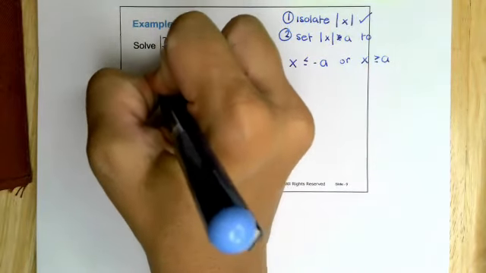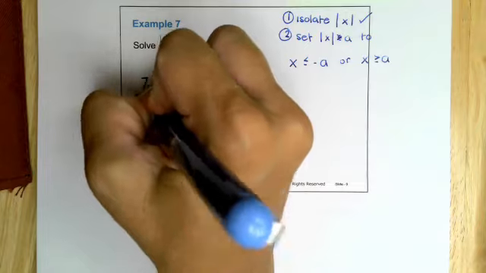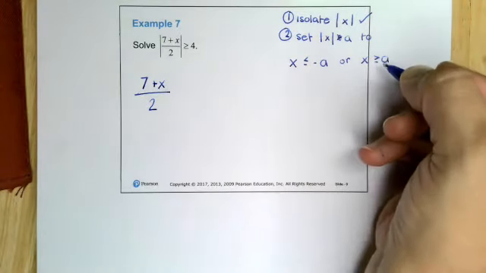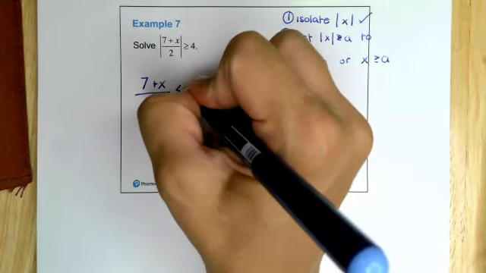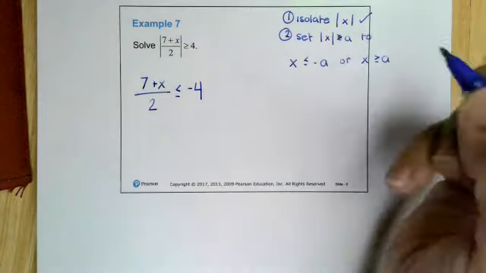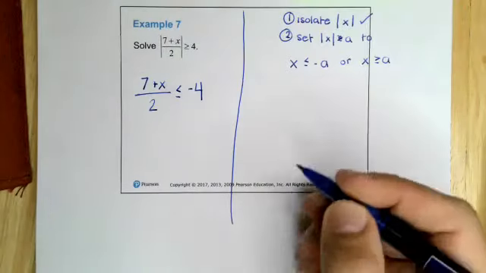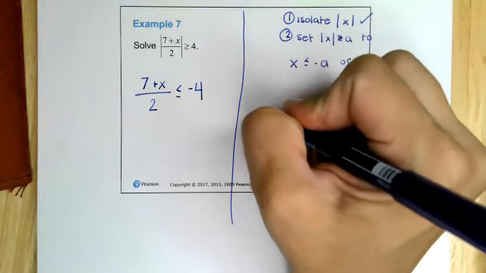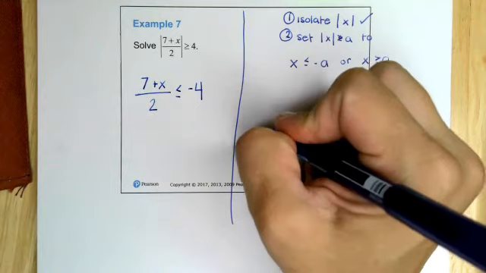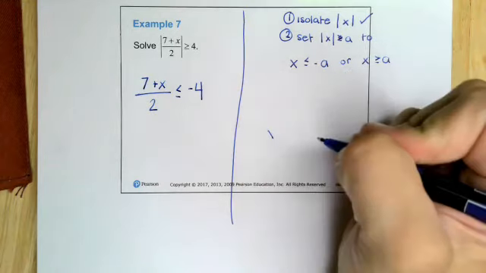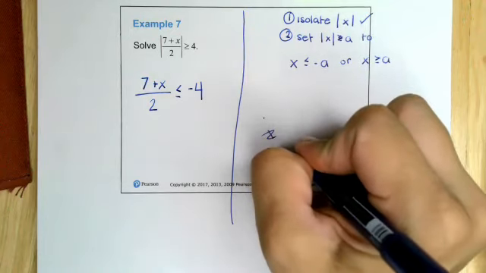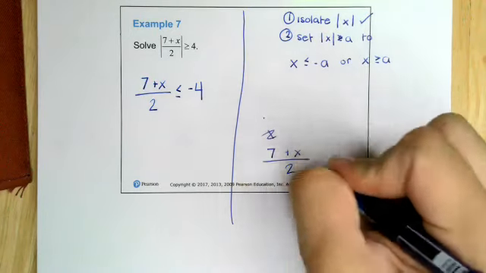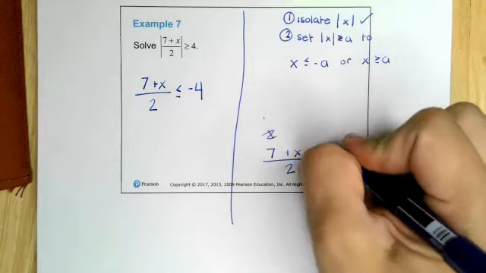7 plus x over 2 is, we'll go with this one, less than or equal to -4. And then over here, 7 plus x over 2 is greater than or equal to 4.